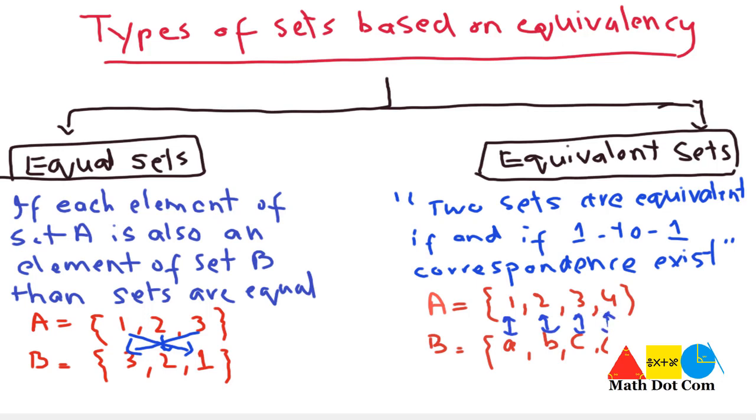1 to 1 correspondence means if there is one element in the set A, there must be a corresponding element in the set B. It means that the number of elements must be equal in both the sets. It means A and B are equivalent sets. So we can say here A and B are equivalent sets.